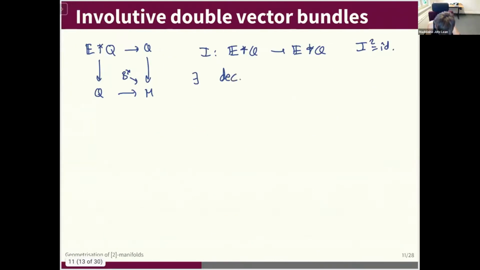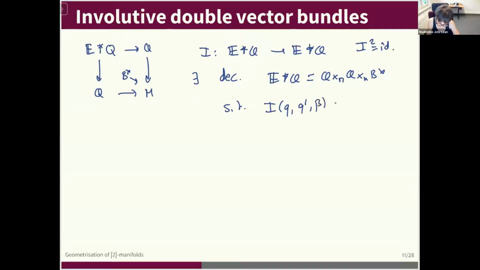So there exists a decomposition of E over Q as Q times B star, such that I of Q prime beta is Q prime Q beta in the decomposition. So that's the involutive picture, which is equivalent by dualization to the metric double vector bundle picture.